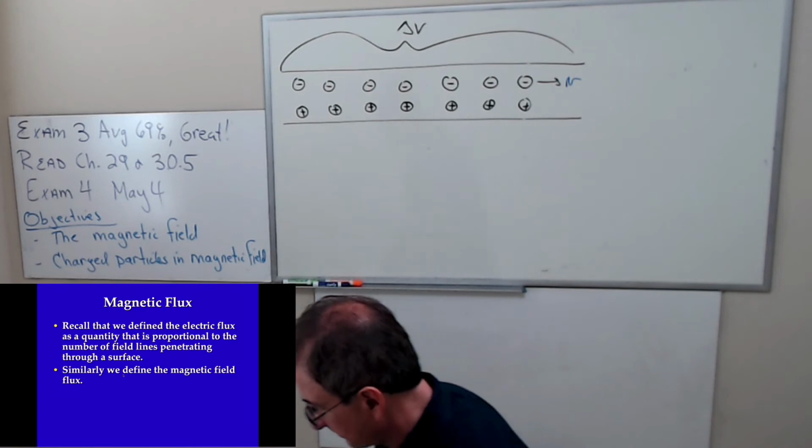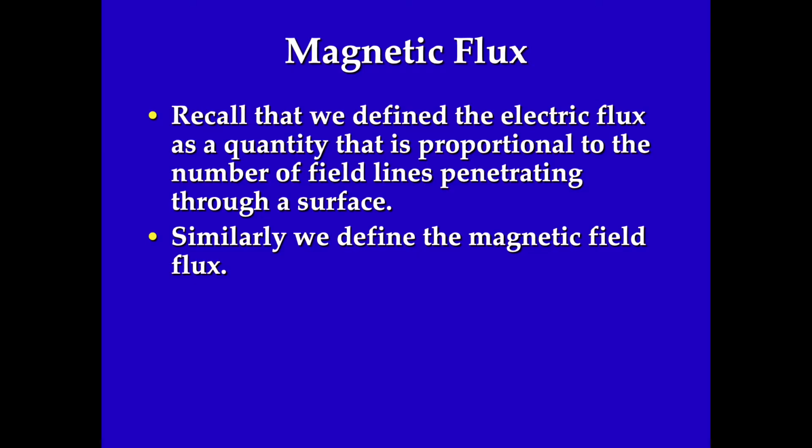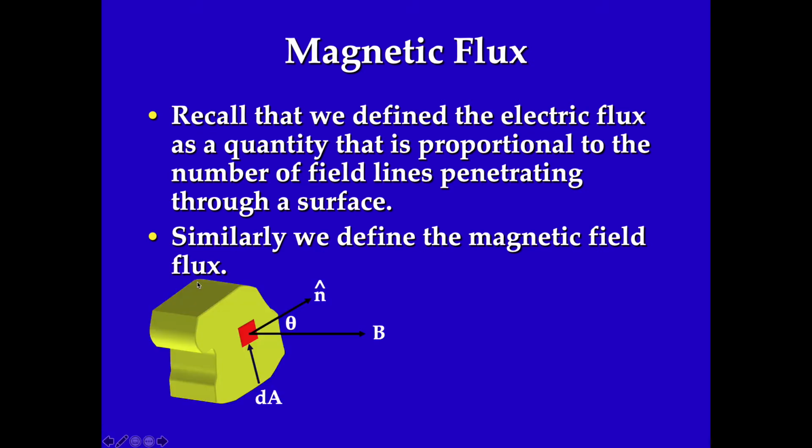So, I want to say something in relation to the magnetic flux. Just like the electric flux, we can define the magnetic flux. This is section 30.5 of your book, which is the integral of the magnetic field dotted with the normal to the surface times dA.